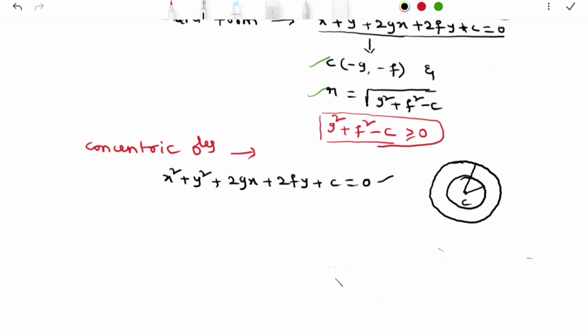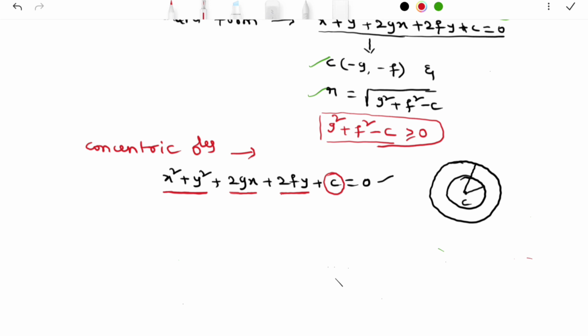By changing the constant, you can get that many concentric circles, because the center is the same. Center same means the coefficient of x and the coefficient of y must be the same. The first two terms are always the common form.